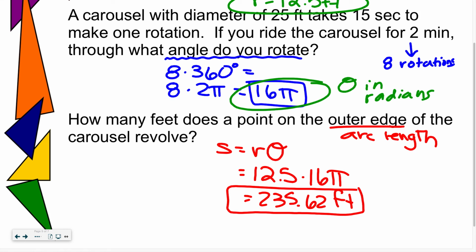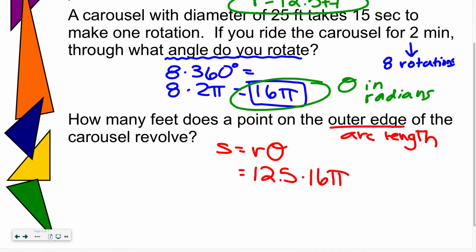Say 6 pi, not 16 pi. Oh, yeah, I put 6 pi, but it should be 16, right? I missed my 1 on my calculator. I'm sorry. It's bigger than that. 628. Should be 628.32 feet. Thank you, Harvey.